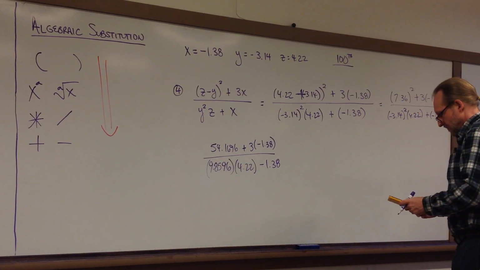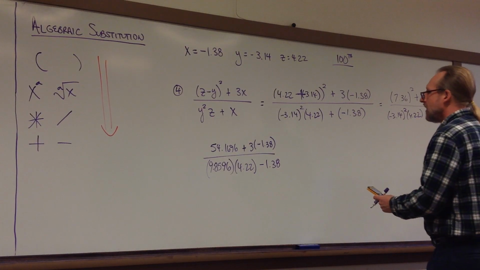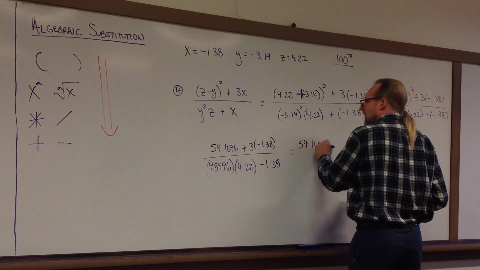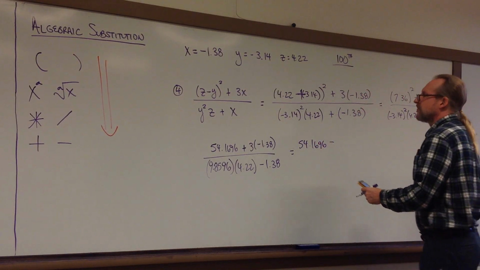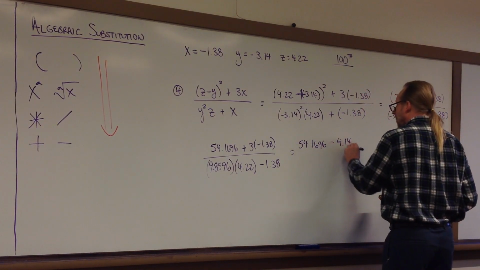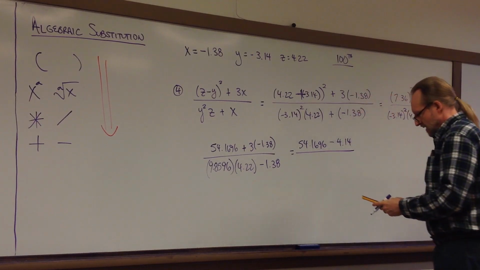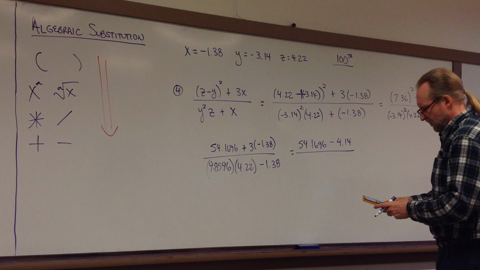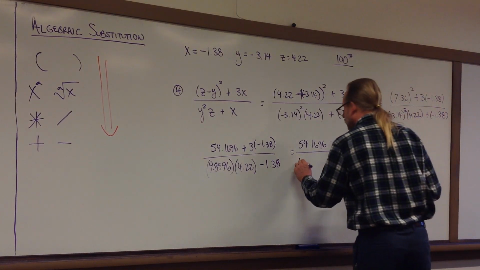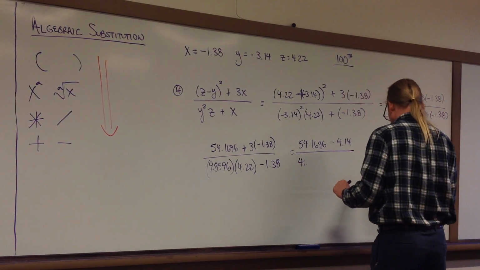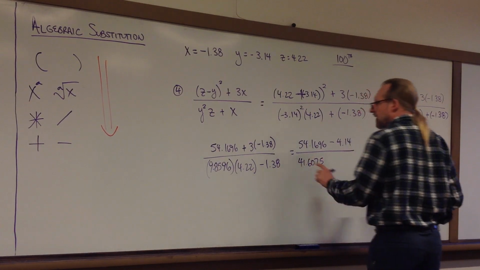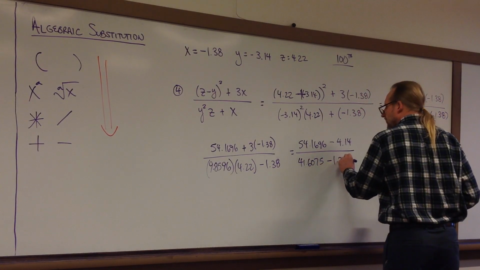3 times negative 1.38. So this is going to be 54.1696 minus 4.14 on top. 9.8596 times 4.22. So this is 41, I'll call it 6075, round it off a little bit, minus 1.38.